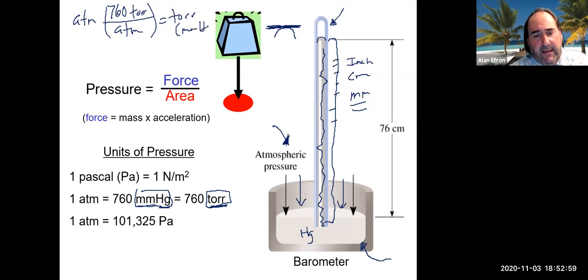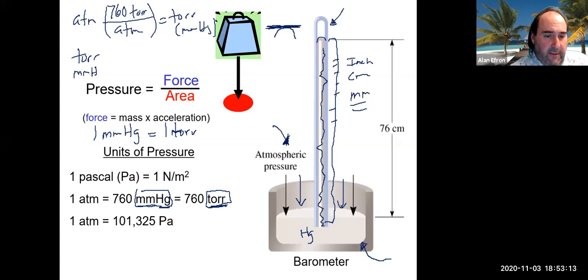That is because it is a one-to-one relationship: 1 millimeter of mercury is equal to 1 torr, so it's basically the same thing. And vice versa, if you have torr or millimeters of mercury and you want atmospheres, you divide by 760.